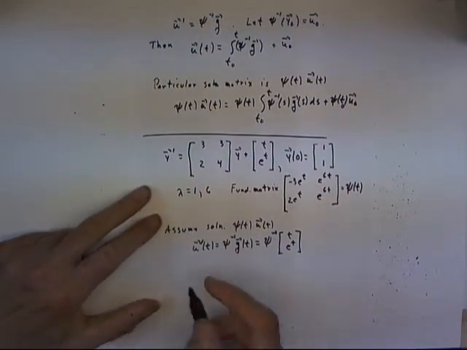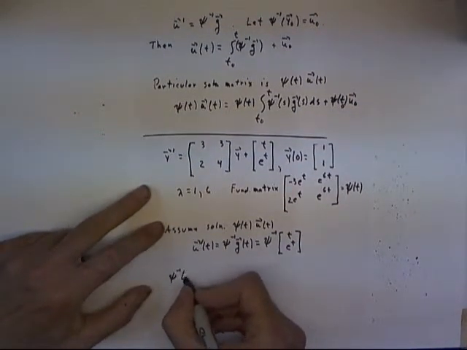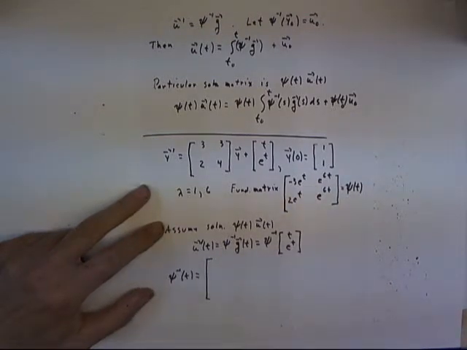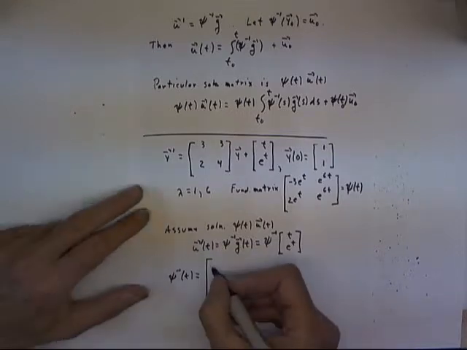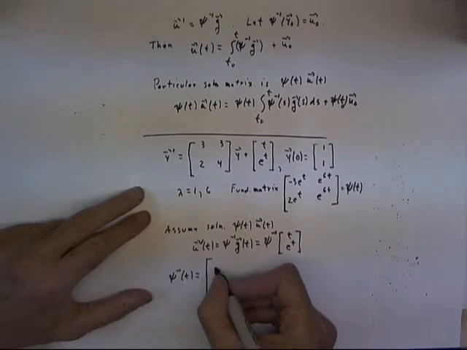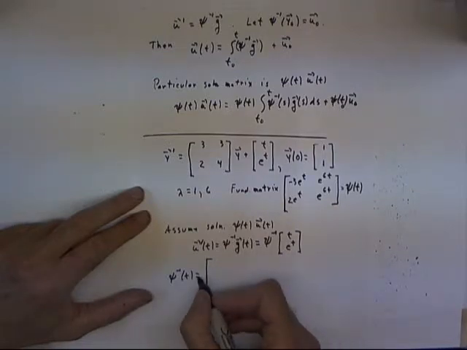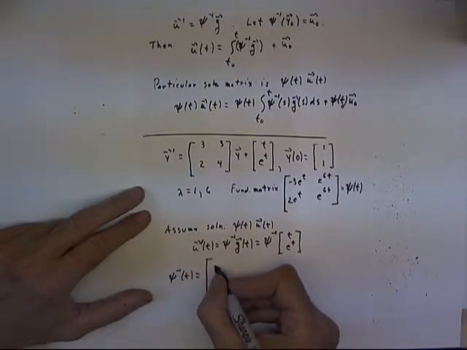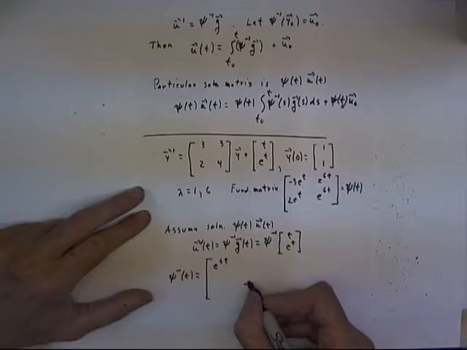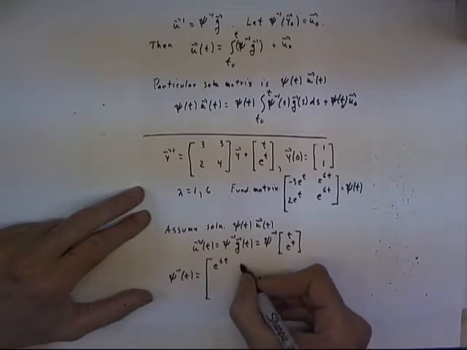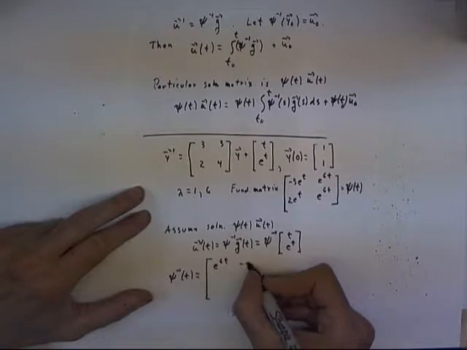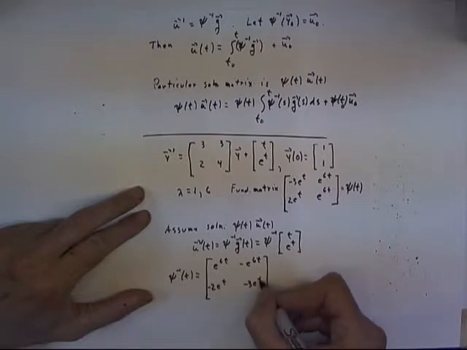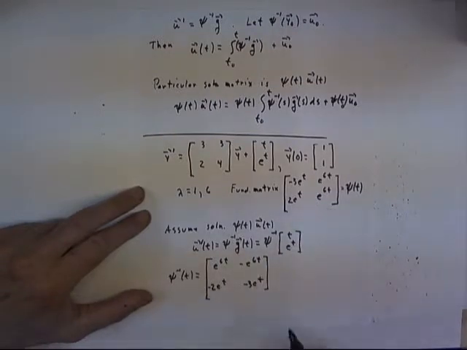Okay, the inverse of the psi matrix is just the inverse of this matrix, and there are quick and dirty ways to take the inverse of a 2 by 2 matrix. I didn't leave myself room to write my constant out here, so I'll write it on the right and then we'll fix that. We get e to the 6t, negative 3e to the t, and negative e to the 6t, negative 2e to the t, multiplied by 1 over the determinant of the matrix.